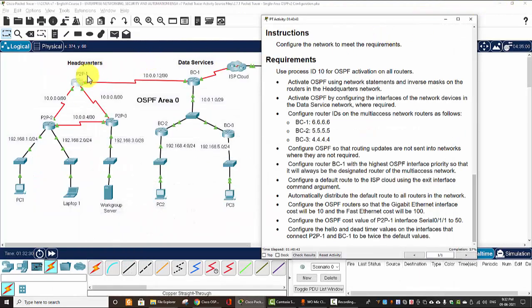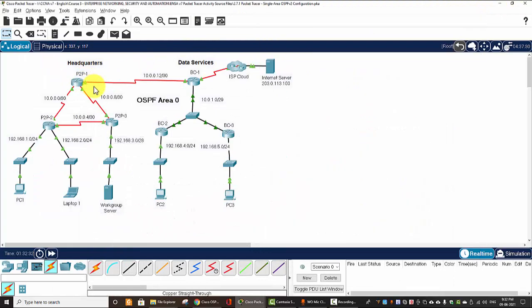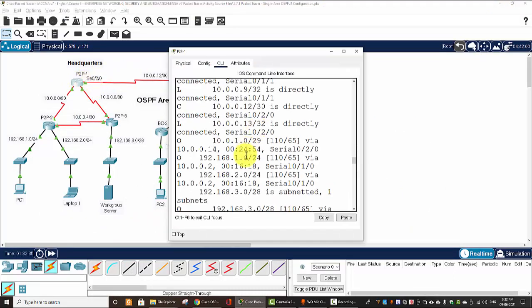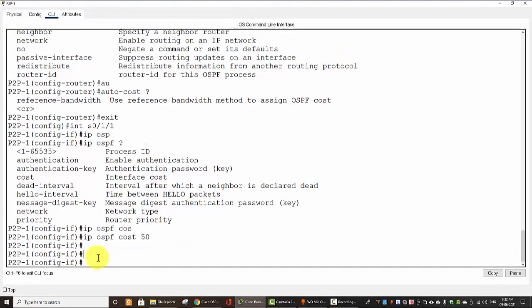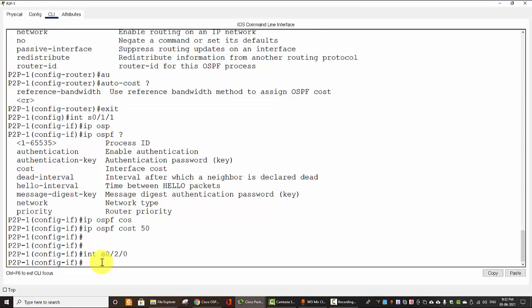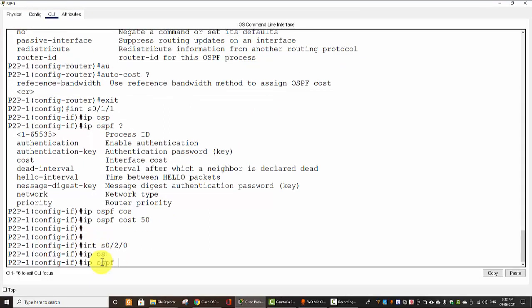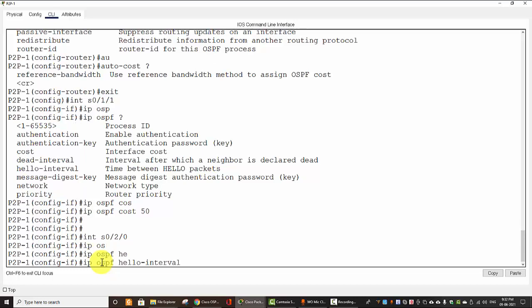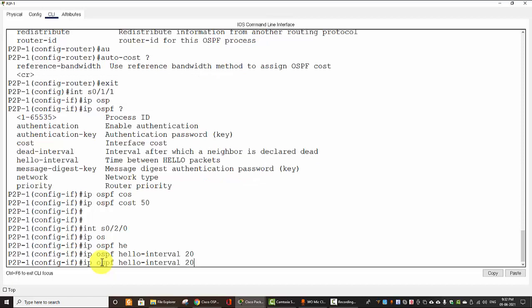Okay, so on P2P1, interface 0/0/0, IP OSPF hello-interval 20, and dead-interval is 80.